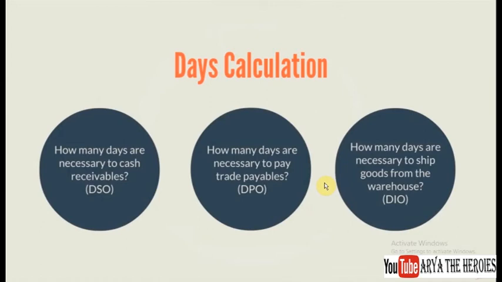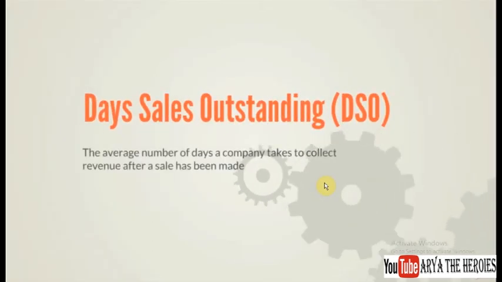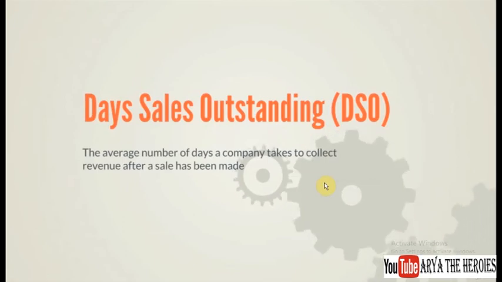Days sales outstanding, DSO, days payable outstanding, DPO, and days inventory outstanding, DIO, are working capital components. DSO is a measure of the average number of days a company takes to collect revenue after a sale has been made.